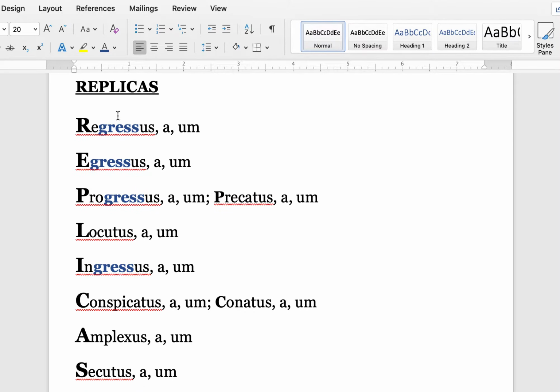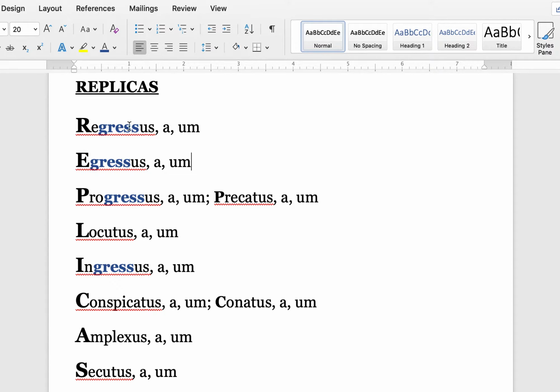So remember, I taught you deponents, and I gave them to you on the board. But here they are in case you don't have them in your notes. So let's go through these, and you can pause and rewind if you need. I've highlighted the gress root in all of these because gress basically just means move.